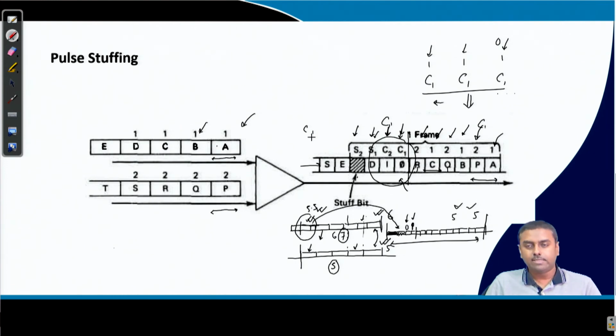So, basically you will be reading all these things, then taking a vote among all the C1 bits, and whatever is the majority, you say, okay, this is my decision. So, I should get a stuff byte, and accordingly I will be deciding whether it is proper data or not.